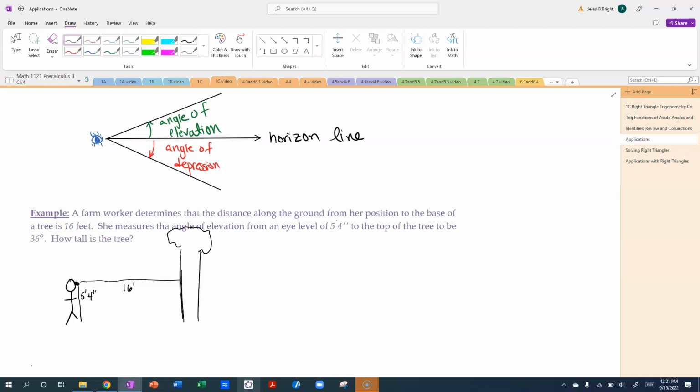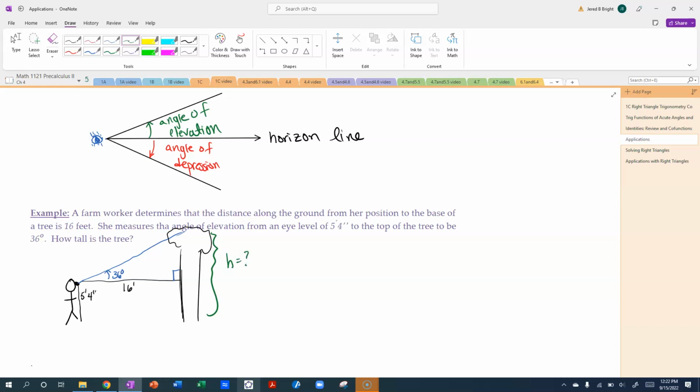Now for her, if she were to elevate her eye to the top of the tree, that is 36 degrees. So right in here, this is 36 degrees. That is our angle of elevation. We're assuming that the tree is perfectly straight up and down too. We want to know how tall the tree is, so that would be this total distance.